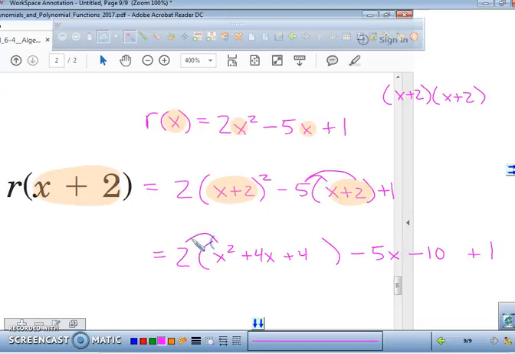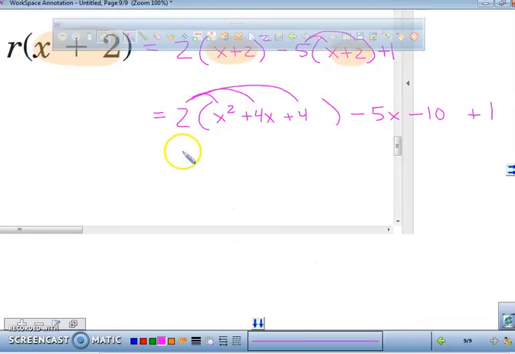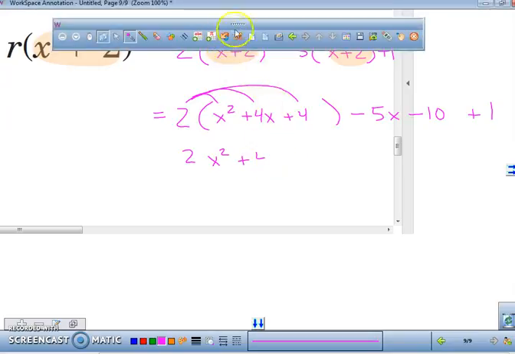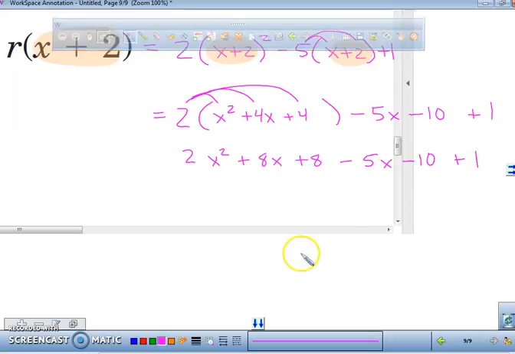Now I'm going to distribute the 2 to all of these monomials. I'm going to get 2x squared plus, not 4x, 8x plus 8 minus 5x minus 10 plus 1.